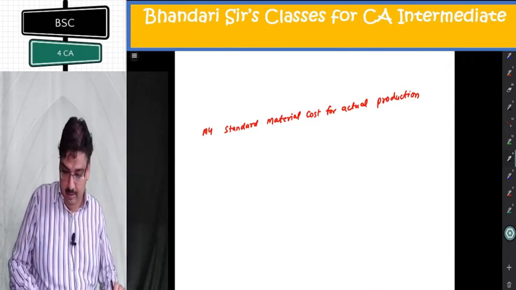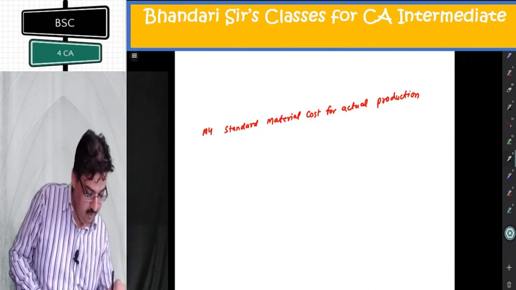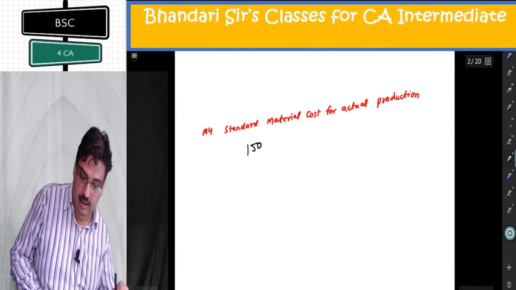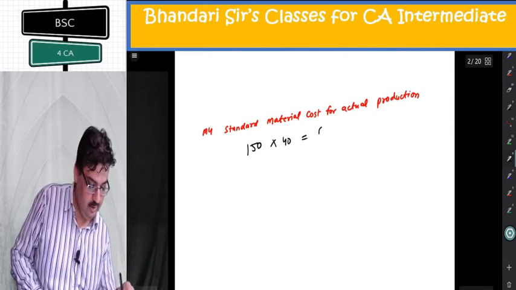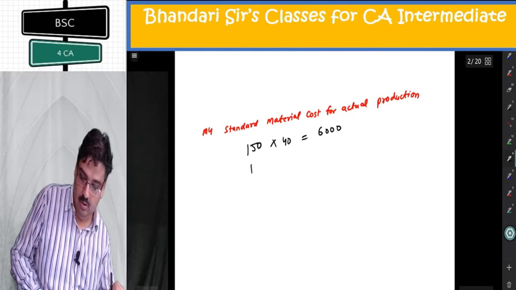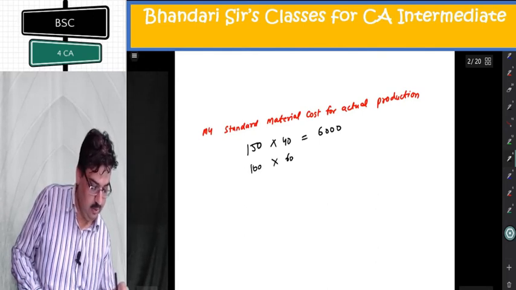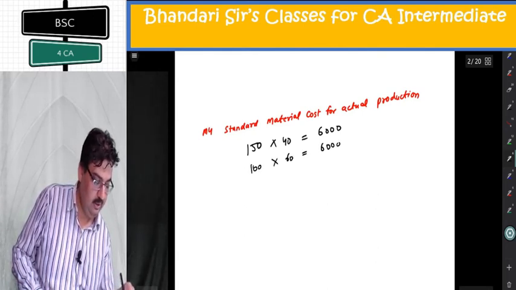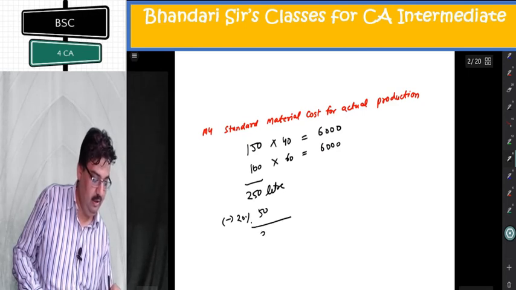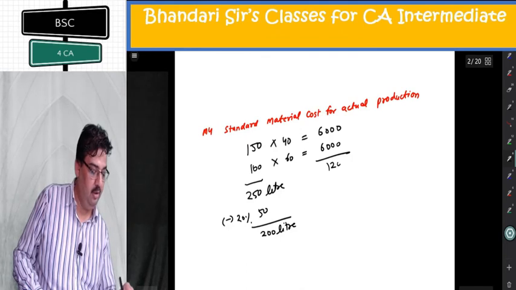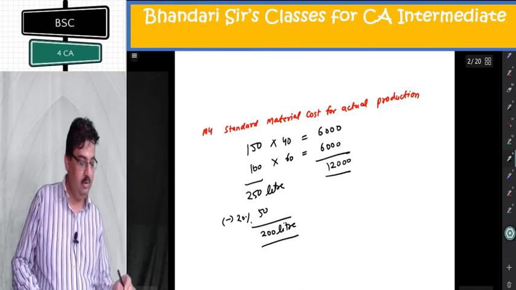Computing M4 here, you have 150 into 40, 6,000. 100 into 60, 6,000. 250 liter input minus 20%, 50. You are getting standard output 200 liter for 12,000 rupees.